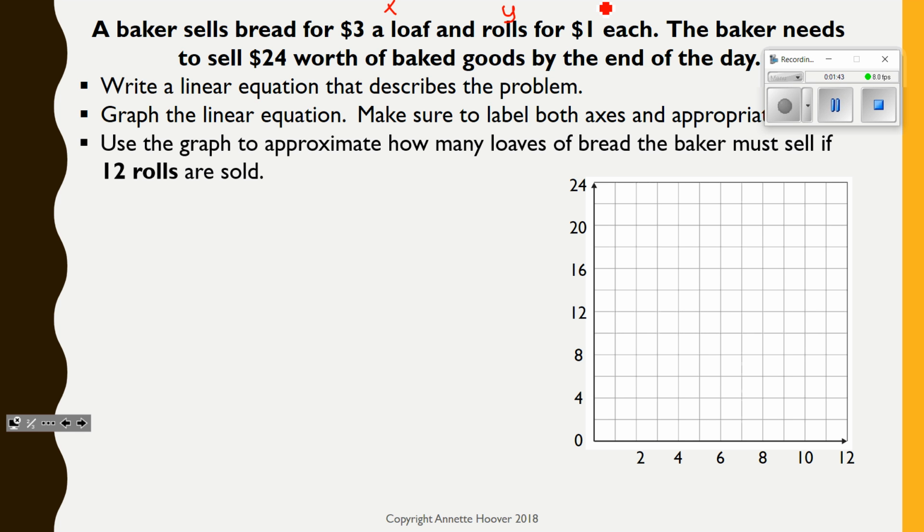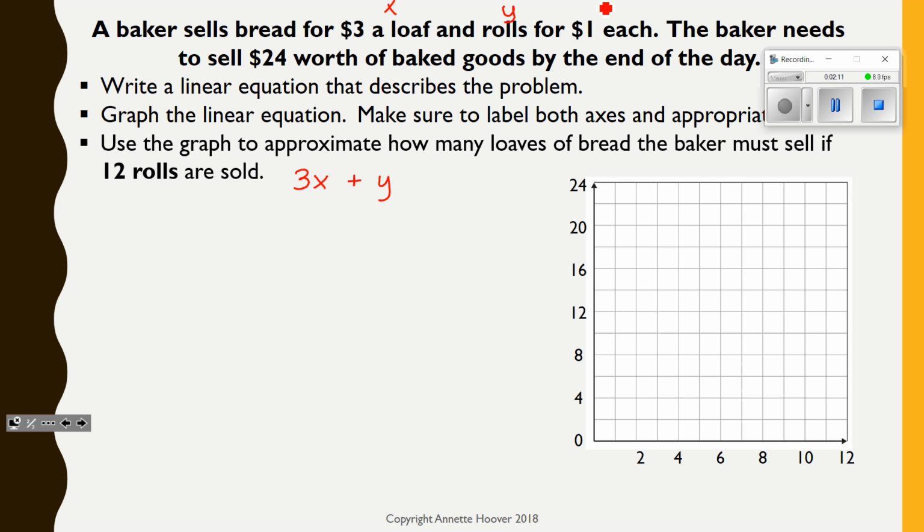So as we write our equation, we're going to think about that. The baker sells bread at $3 a loaf, and since x is our variable for loaves, that would be 3x: 3 times the number of loaves. And rolls for $1 each, and y represents the rolls, so that would be plus 1y, and the 1 can be invisible.